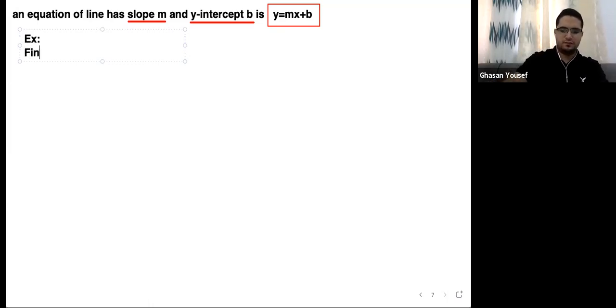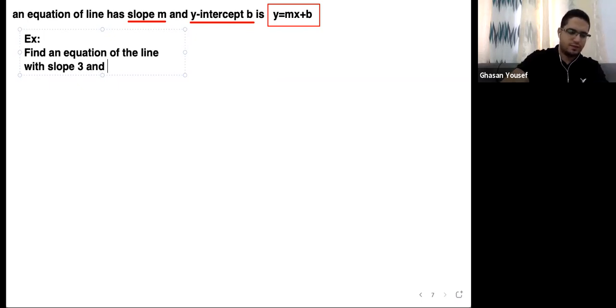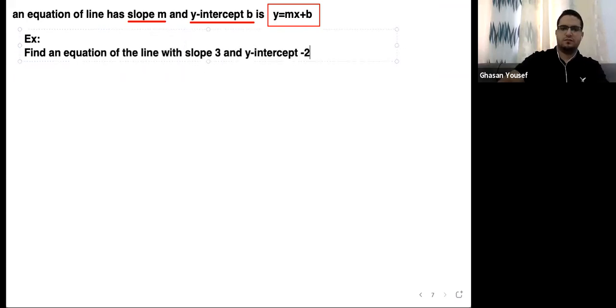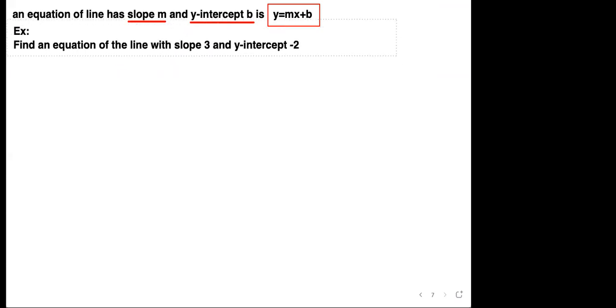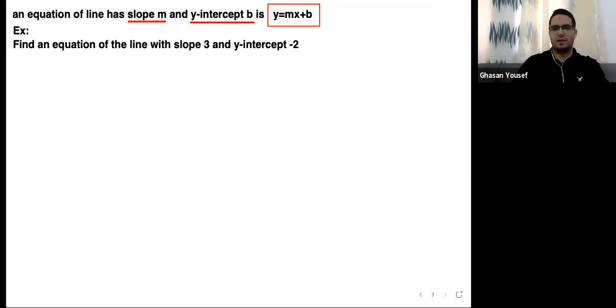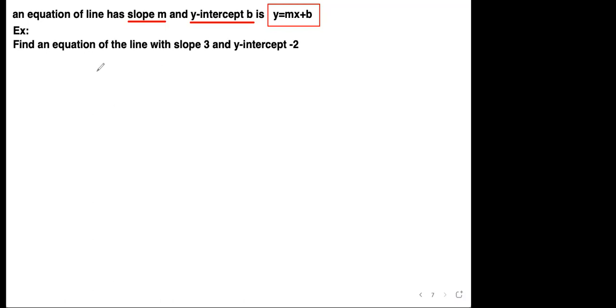Find an equation of the line with slope 3 and y-intercept minus 2. Isn't it y equals 3x minus 2? Yes, this is correct, 3x minus 2.